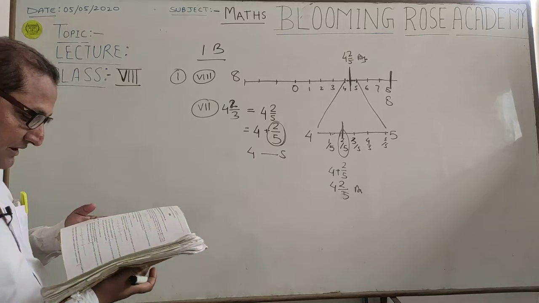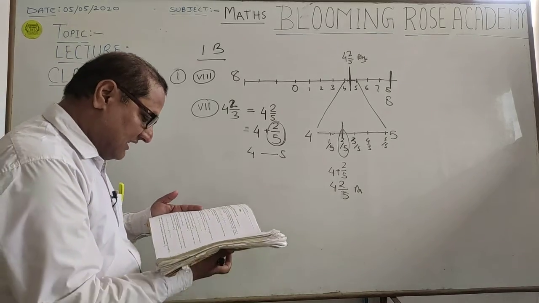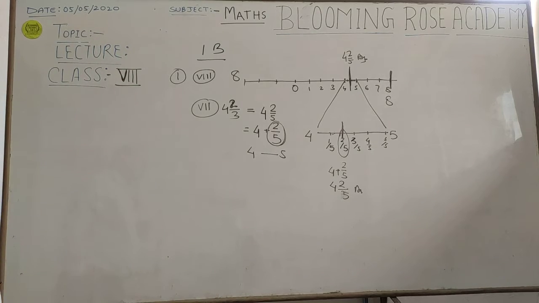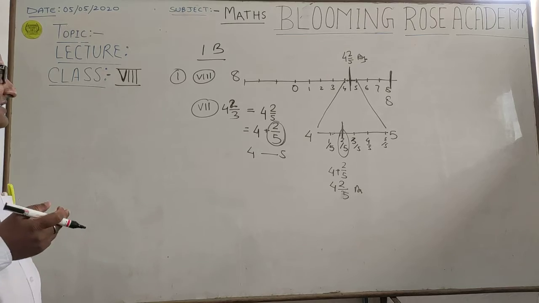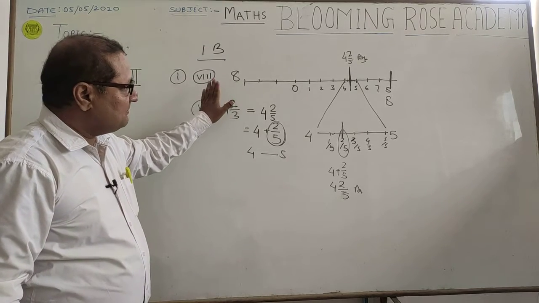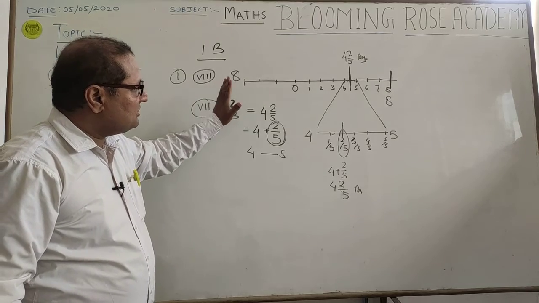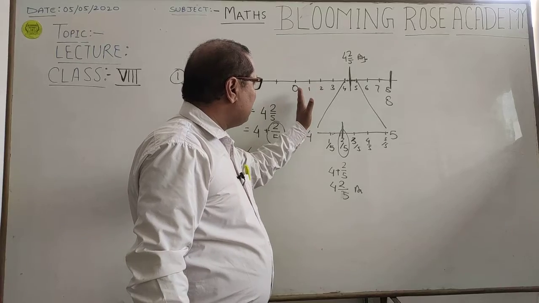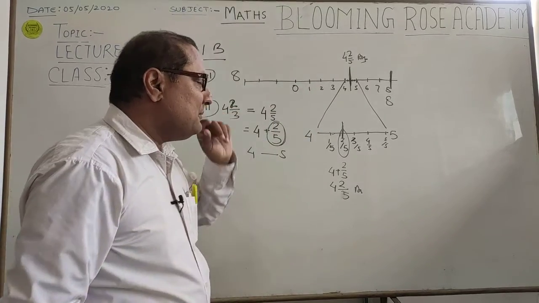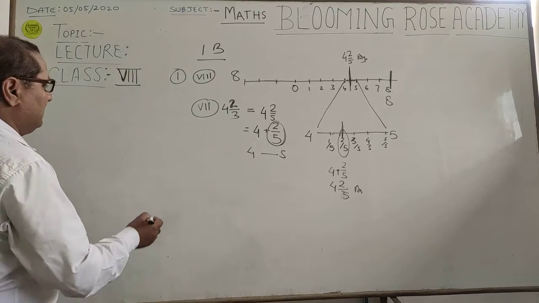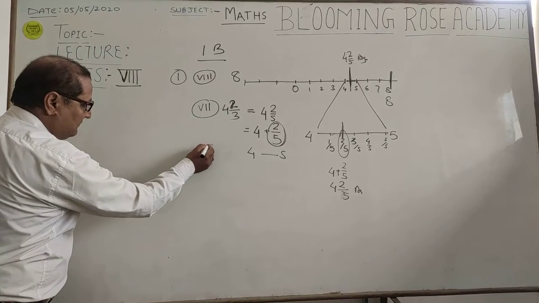Next question: represent the following numbers on the number line. If you look at question number 2, again you have to represent on the number line. Until now you saw positive numbers, the mixed number 4 and 2/3 and 8, which are represented on the right side of zero. If you take a negative number, you have to take it on the left side of zero.